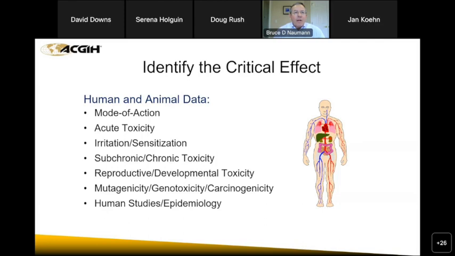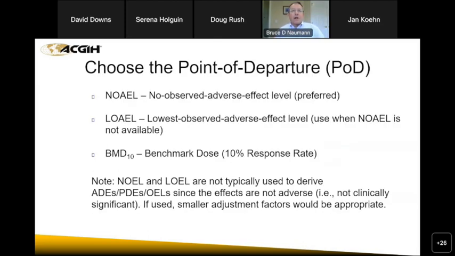If we're lucky, we also have access to some information in humans, whether they're case reports or epidemiology studies. And of course, in the pharmaceutical industry, we have the luxury of a lot of human data coming from clinical trials, and that made our lives much easier when we were doing this, at least for the compounds that got to that point.